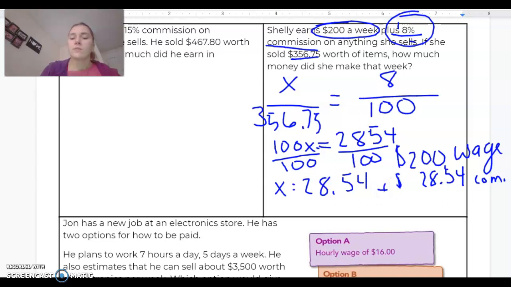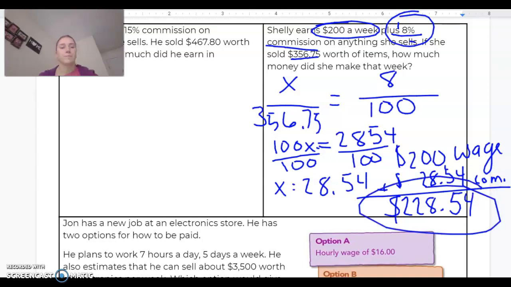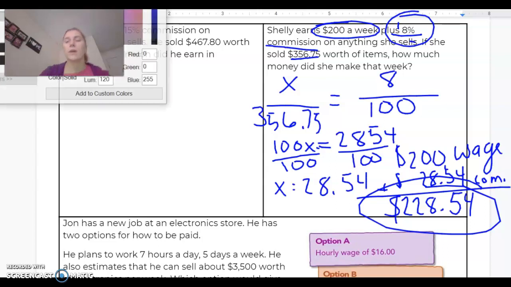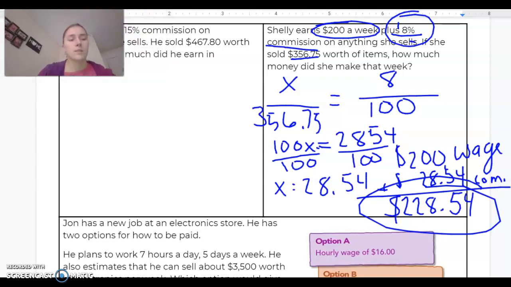We need to add those together to find the total amount of money she made that week. So you can use your calculator to add those if you'd like. She should end up making $228.54 total that week.